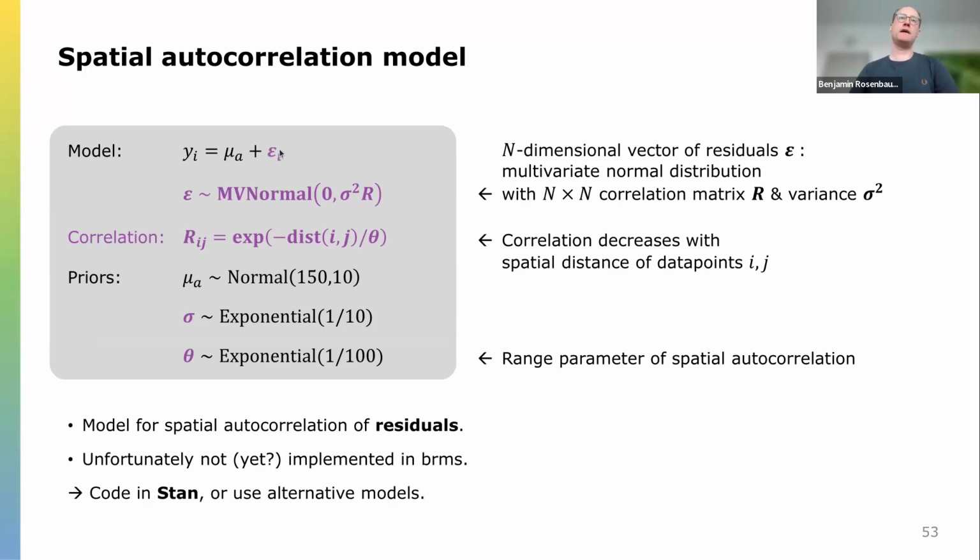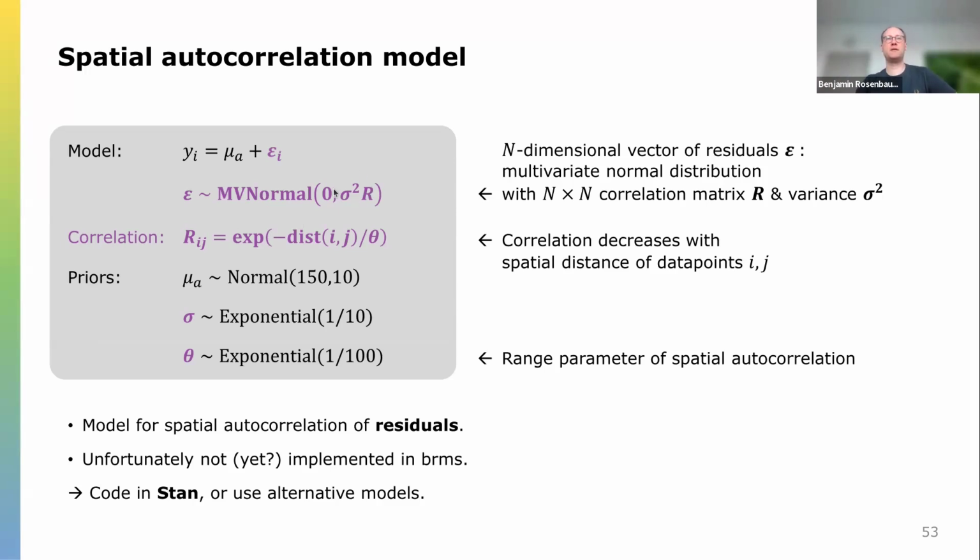However, we say they are not independent. All these residuals are not from a normal distribution with a zero mean and a standard deviation, but all these n data points actually come from an n-dimensional multivariate normal distribution. So we have an n-dimensional vector of residuals, here 200 residuals, and they are not independent, but they have pairwise correlations.